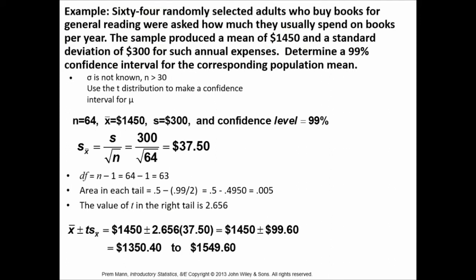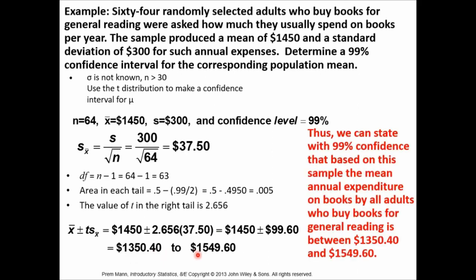And the estimation yields a range from 1350.4 to 1549.6. Thus we can state with 99% confidence that, based on this sample, the mean annual expenditures on books by all adults who buy books for general reading is between 1350.4 and 1549.6.